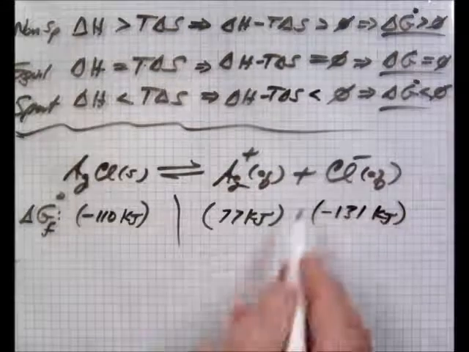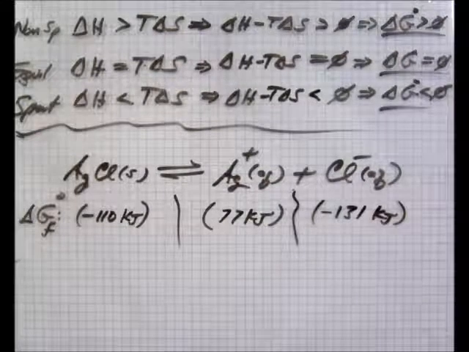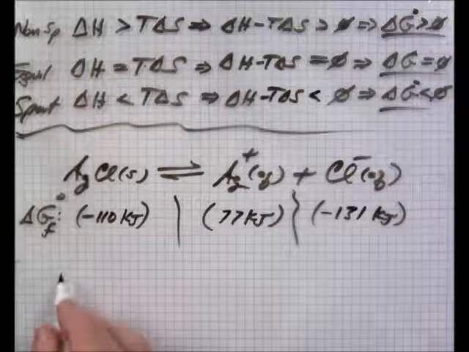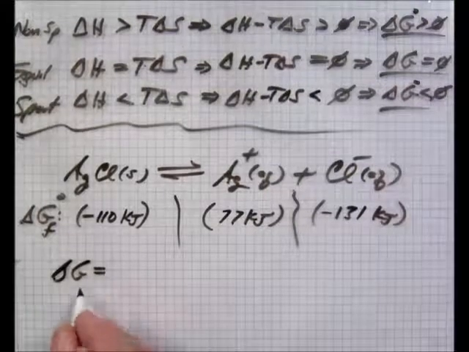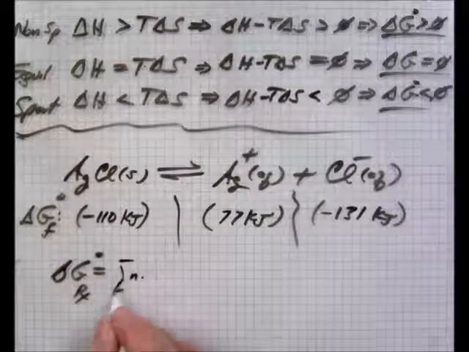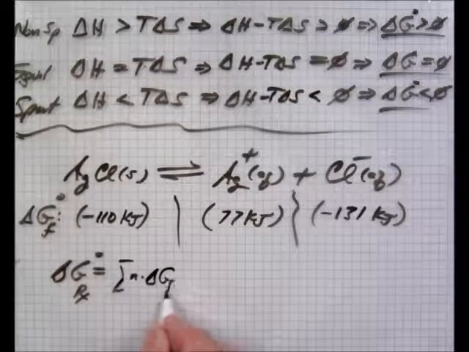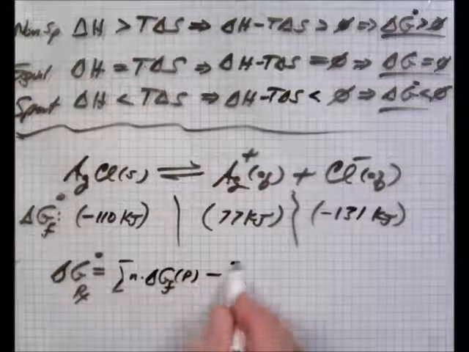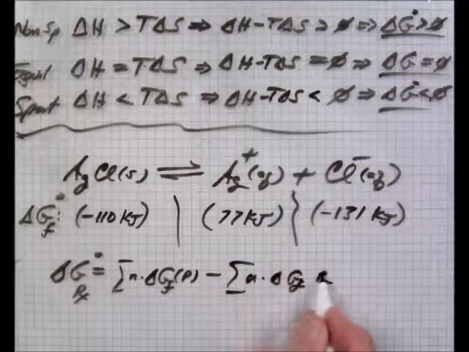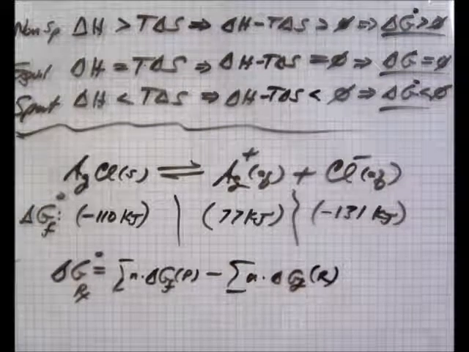Kilojoules. Okay. And so calculating and determining whether this reaction is spontaneous, delta G of the reaction, sum n times delta G of formation of products minus sum n times delta G of formation of the reactants.